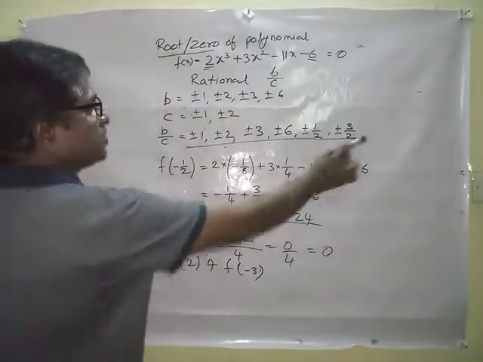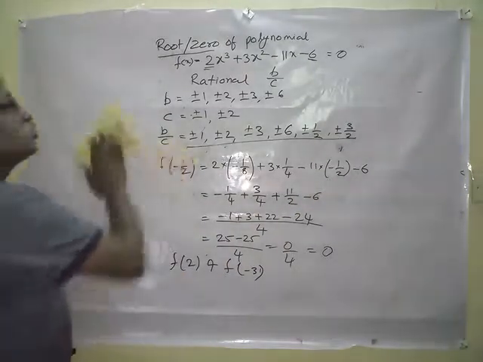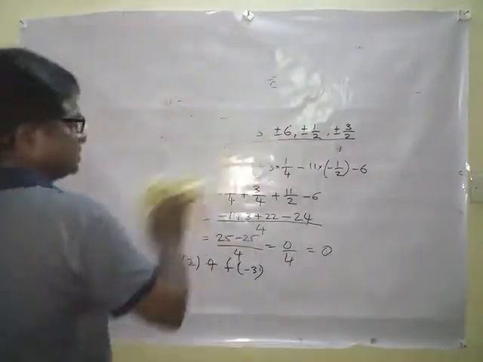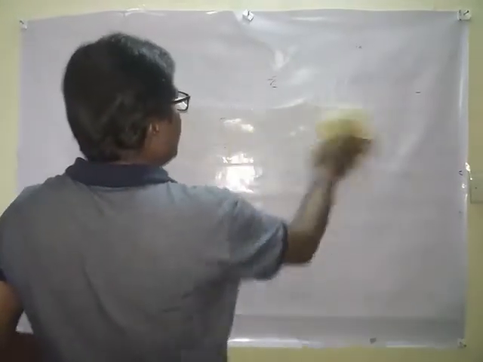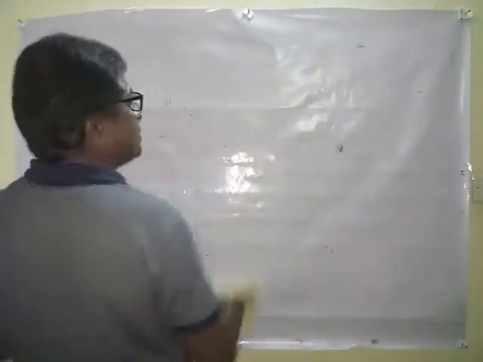So these are the possible values you have to find. That is the zero or root, the integral root theorem and the rational root theorem. Where to apply what?